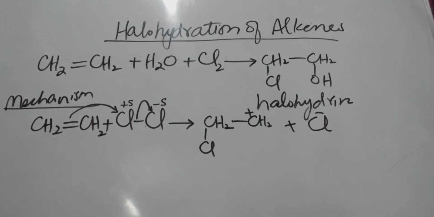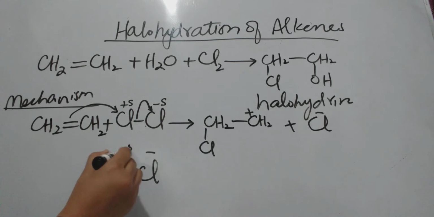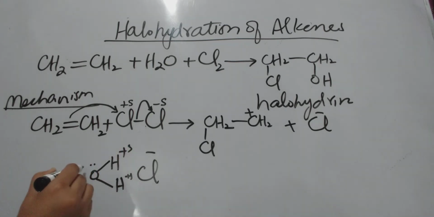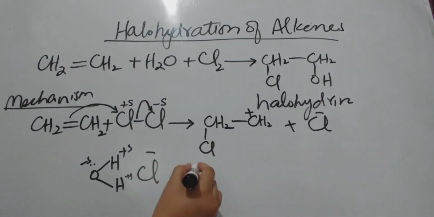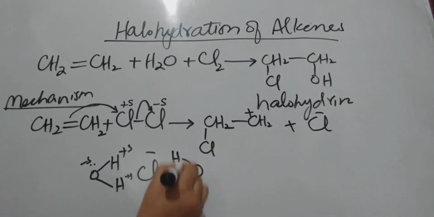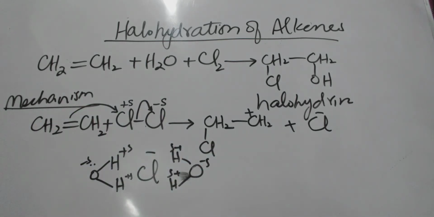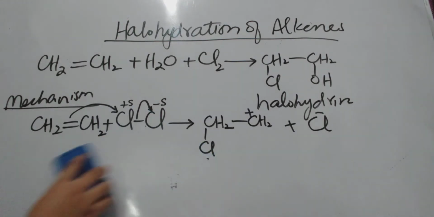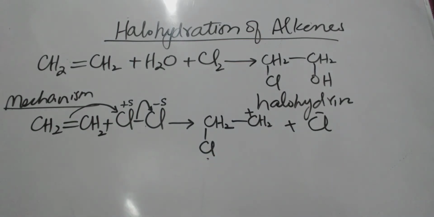Chloride in the mixture is surrounded on all sides by the partial positive charges of water, the partial positive hydrogens of water molecules, due to electrostatic force of attraction from the four sides. I was just telling you that chloride in the mixture, or in the sample, is in that form.